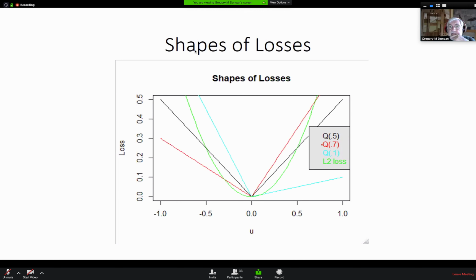And then the quantile 0.7, one of the things you note is this is like the Q.5, but it is rotated that way. The Q.1 is rotated that way.